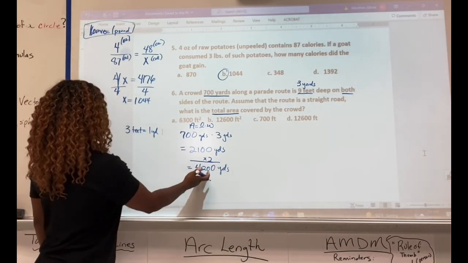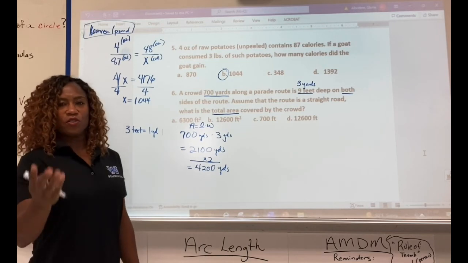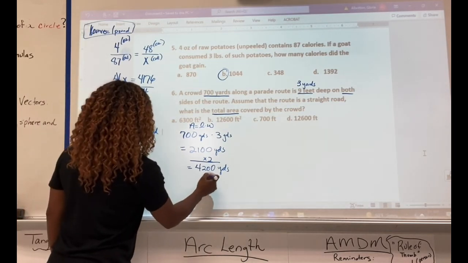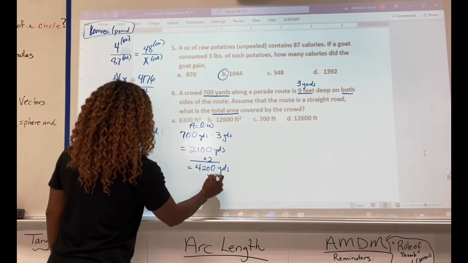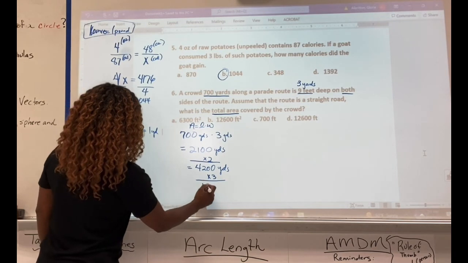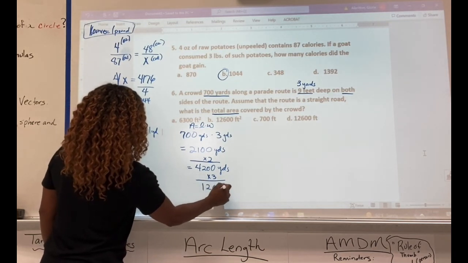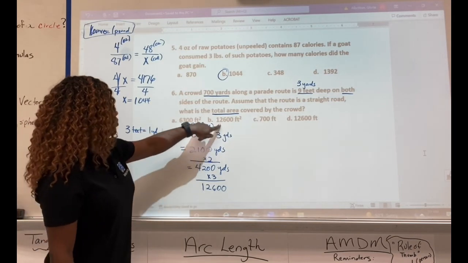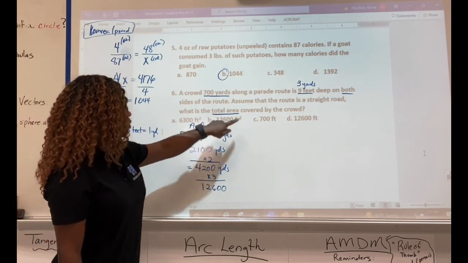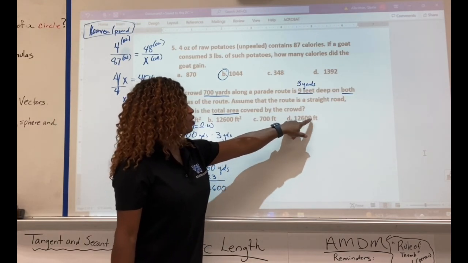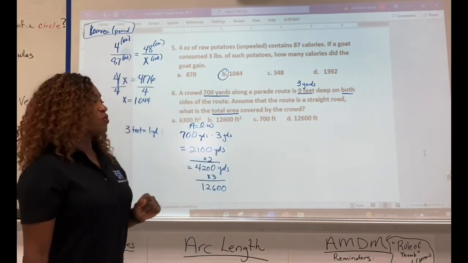So 4,200 yards, since 1 yard is 3 feet, 4,200 yards is 4,200 times 3, which would be 12,600. All right, but if you notice, we've got 12,600 feet squared and 12,600 feet just by itself.